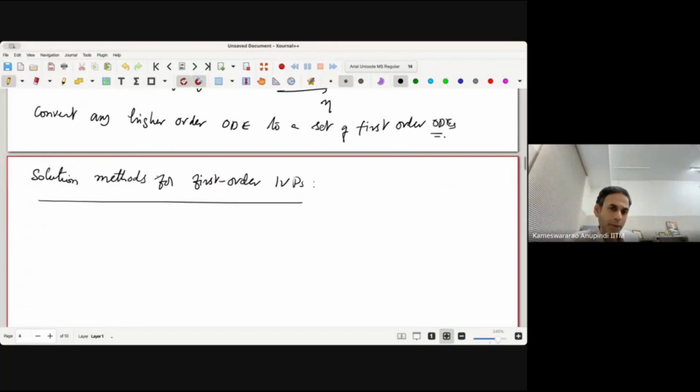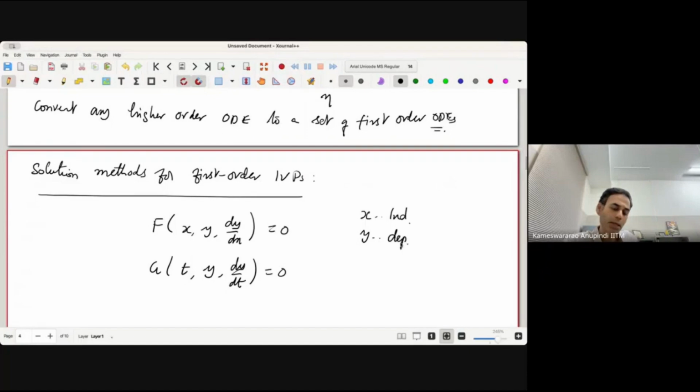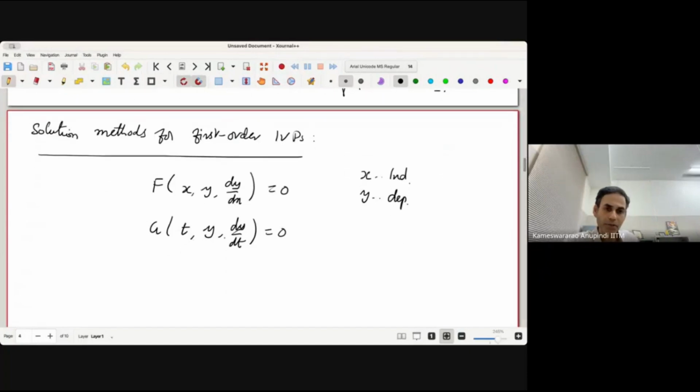Now, what is a first order ODE? A first order ODE can be written as f of x, y, dy dx equals 0, or another function could be g of t, y, dy dt equal to 0. Here x is the independent variable and y is the dependent variable. Similarly, in g of t, y, dy dt, t is the independent variable and y is the dependent variable.